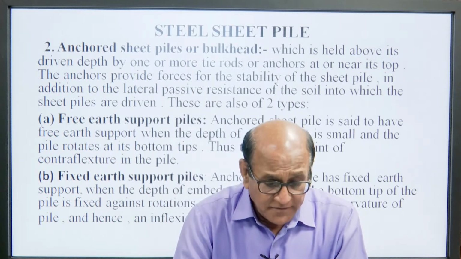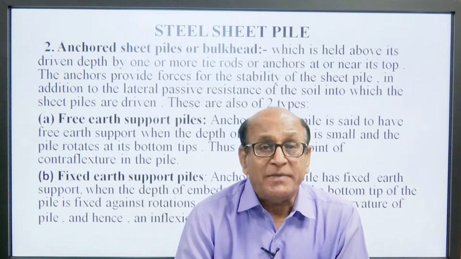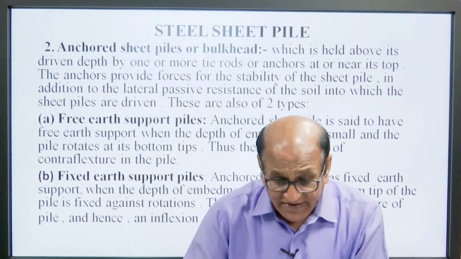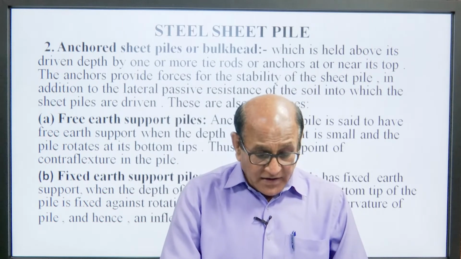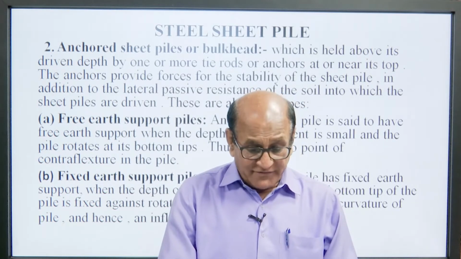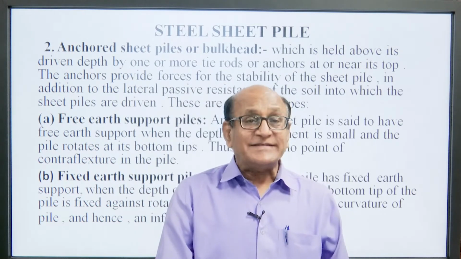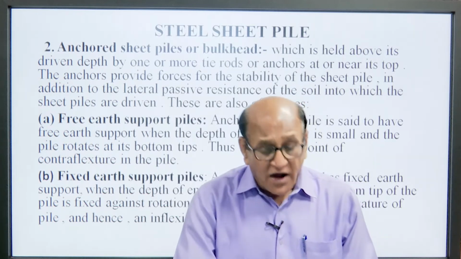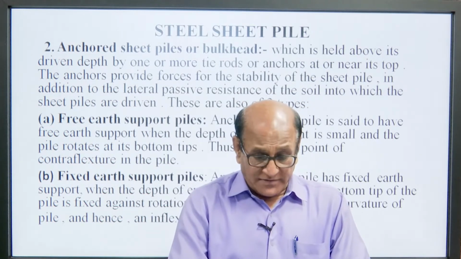The anchor provides forces for the stability of the sheet pile, in addition to the lateral passive resistance of the soil into which the sheet piles are driven. These are of two types: free earth support piles and fixed earth support piles.